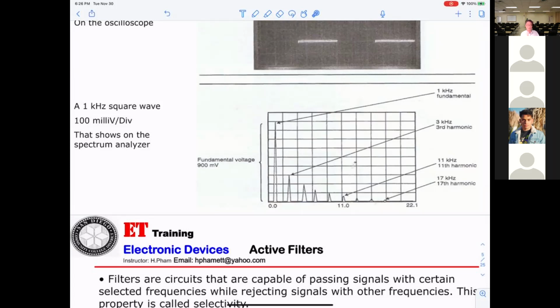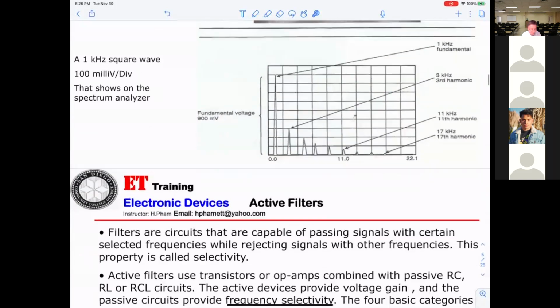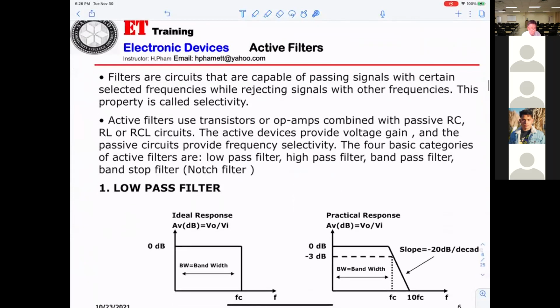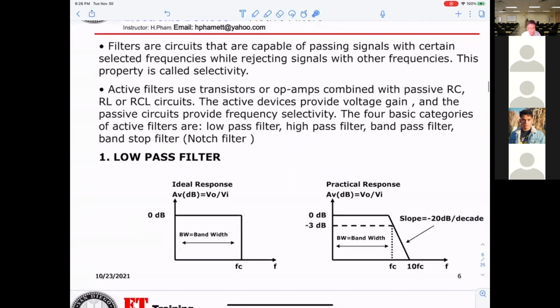Okay, and the second one shows you the signal, same thing, displayed on the spectrum analyzer. Okay, filter. Filters are circuits that are capable of passing signals with certain selected frequencies while rejecting signals with other frequencies.